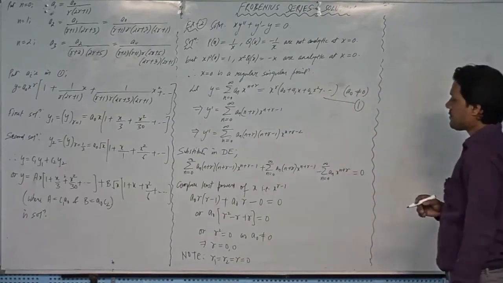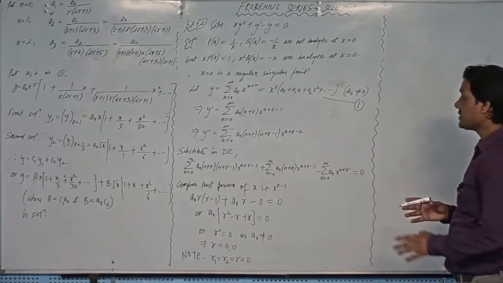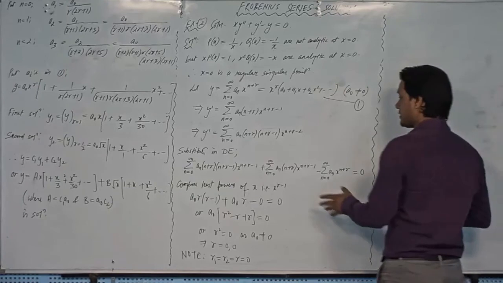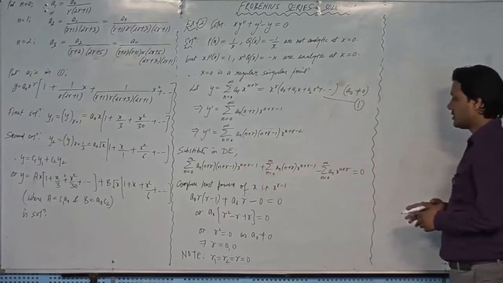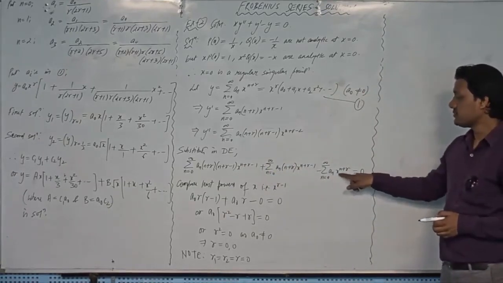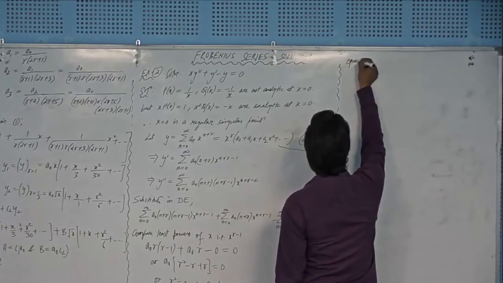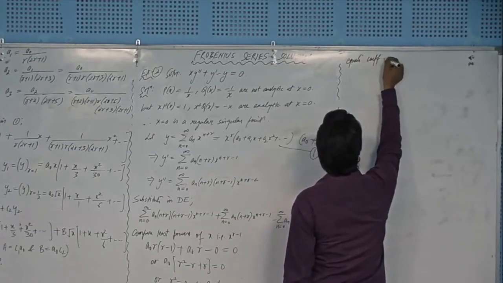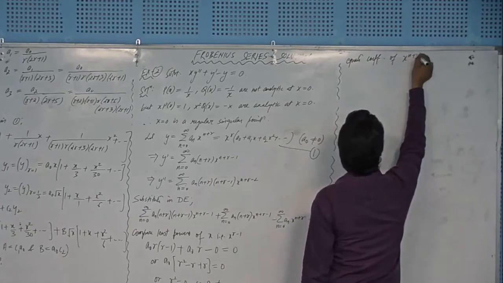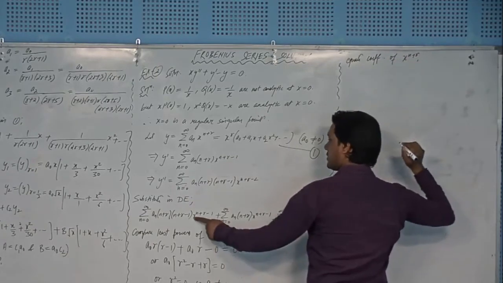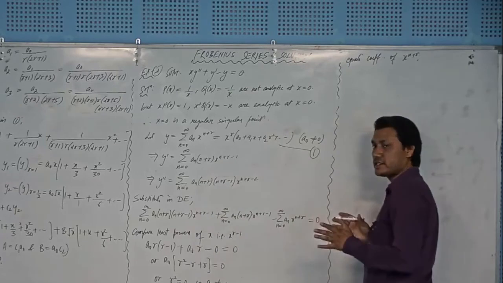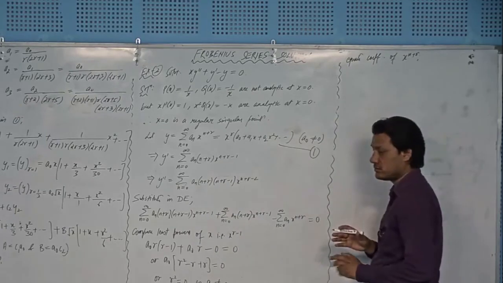Okay, so now I will compare the highest visible power of x, and if you see these terms, it appears that the highest visible power is x to the power n plus r. So equate coefficients of x to the power n plus r. From here you can always obtain the highest visible power from each and every term, right?